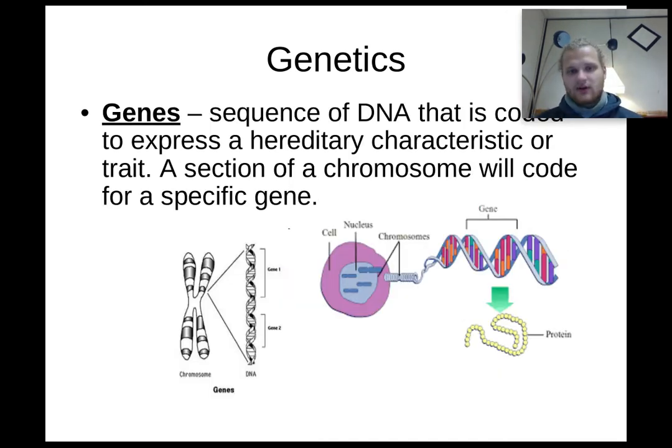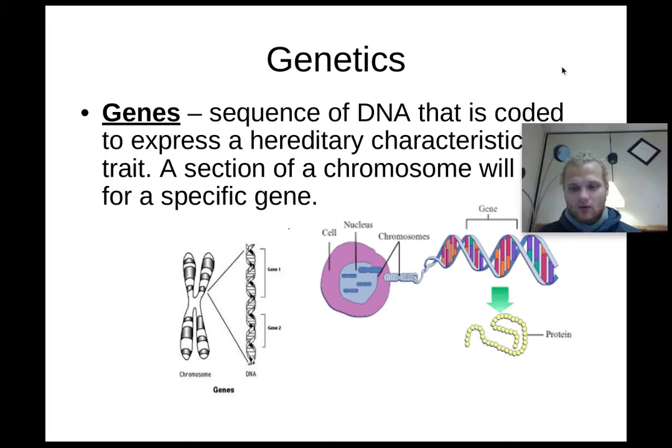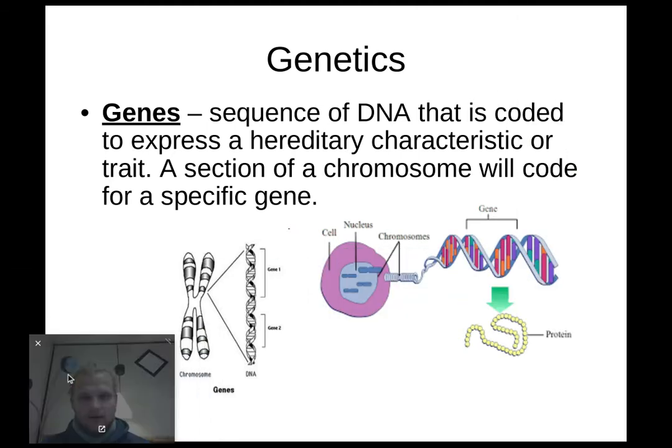All right, so talking about genes, a gene is a sequence, a part of the DNA that is coded to express a hereditary characteristic, so a trait. It's just a tiny part of the DNA. See how we have different genes on this chromosome? We've got one gene here, because it's just this segment of DNA that has the information for that gene, whereas this segment has a different gene.